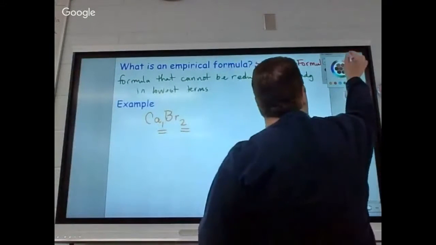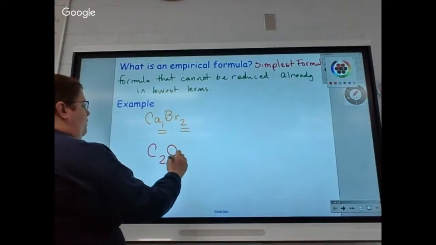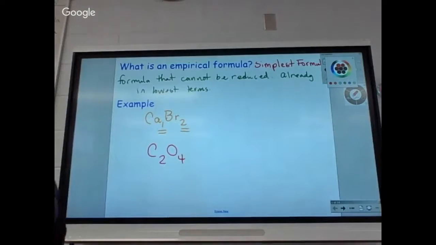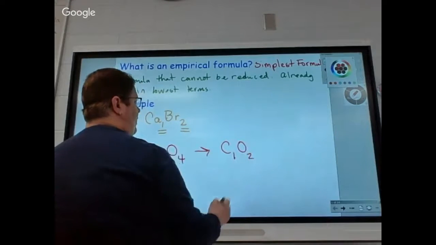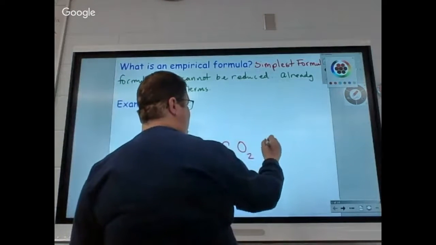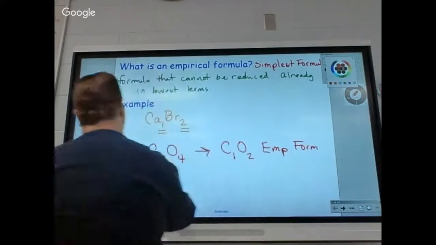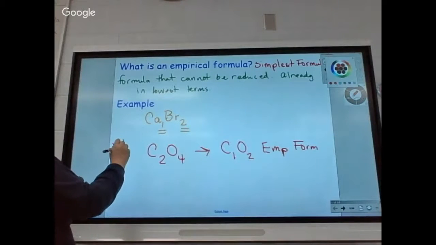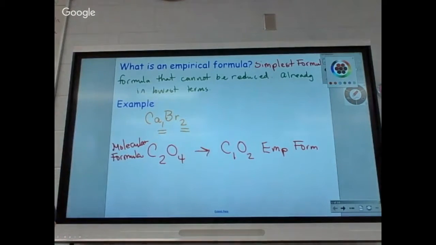Now, if you have something like you might have seen on the test, for example, C2O4, what would you have been expected to do? You would have been expected to reduce that into C1O2. This here is the empirical formula, and this one would be what we'll talk about in a little while, the molecular formula. Okay?